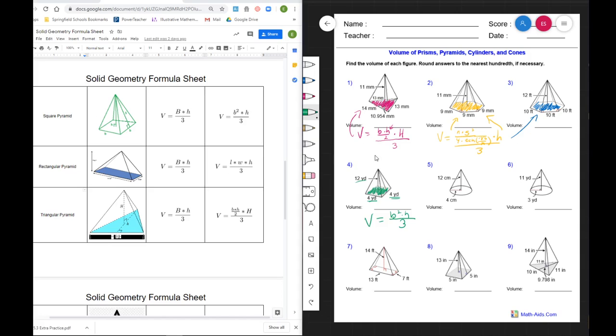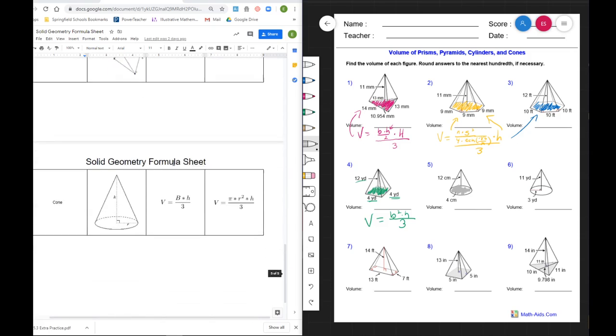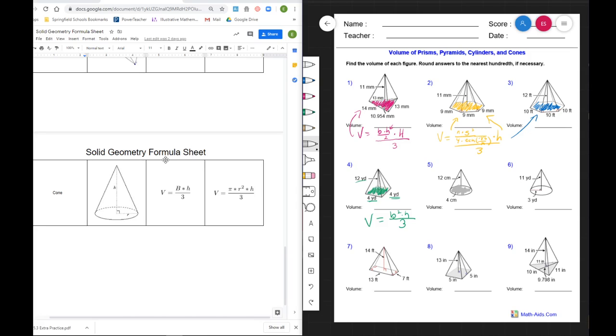Our next shape, number 5, has a base that is a circle. Since our shape has a circle base, the only figure we have with a circular base is a cone. So this is going to be our cone formula: volume equals pi times r squared times our height, divided by 3.